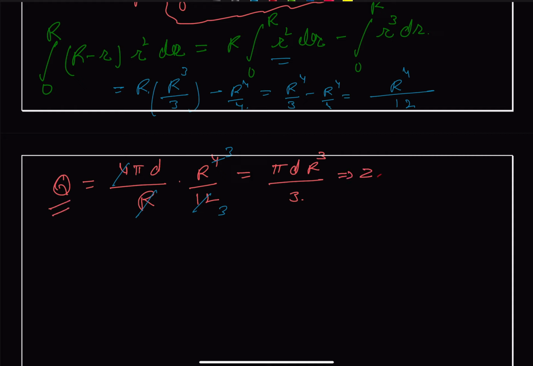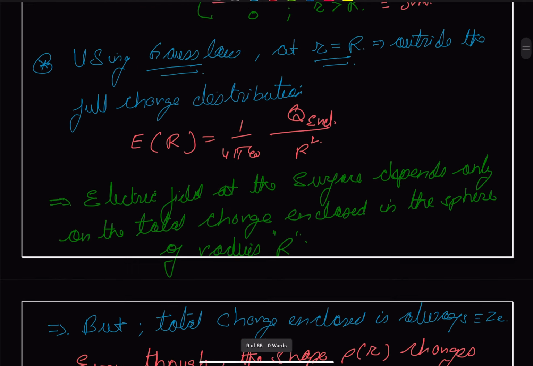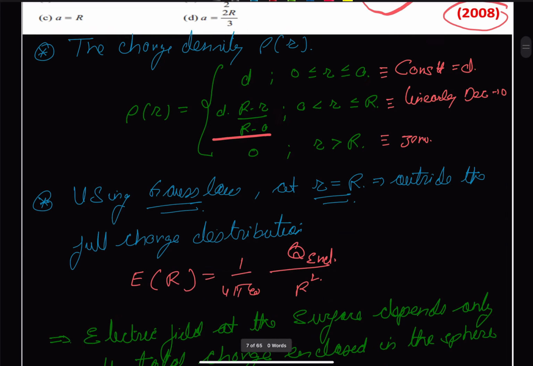Therefore Ze will be equal to pi d R cube divided by 3, and from here we can easily find out d. So we get d is equal to 3Ze divided by pi R cube. So the option is 3Ze divided by pi R cube, so option number B is the correct one.